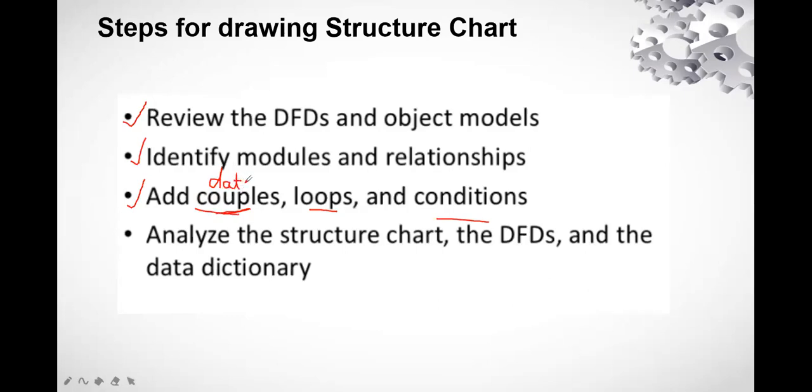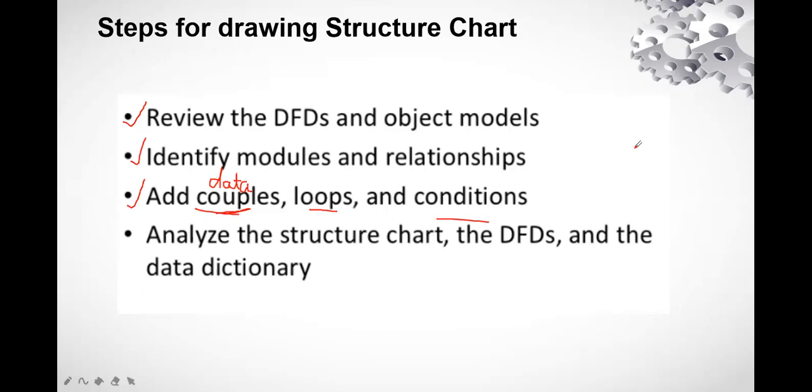Let's say we are going to design a payroll system. To define the payroll system and calculate the amount of pay for the paychecks, we need to get the data from the employee database, the employee detail.